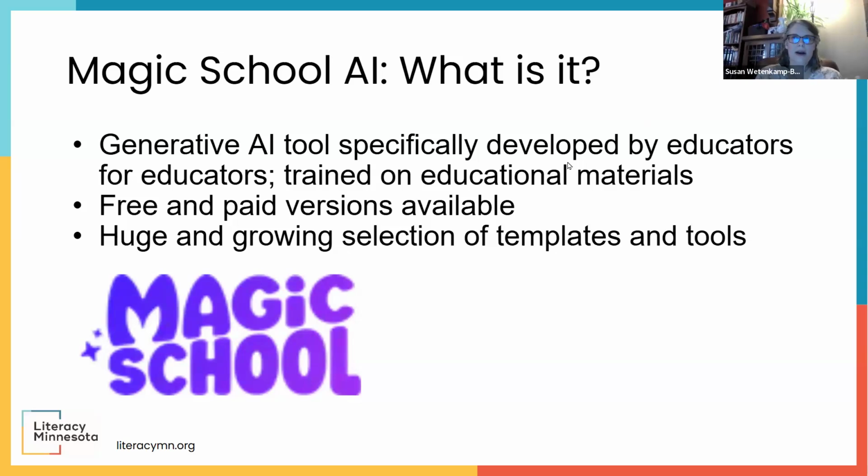So it's been trained on standards and lesson plans and curricula and policy documents and emails and professional development plans and IEPs and all the things that we make and use and read and write in educational institutions is the text that Magic School has been trained on.